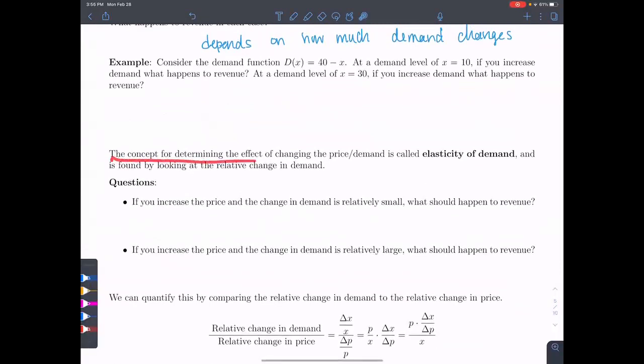Determining the effect of changing the price on demand is called the elasticity of demand, and it's found by looking at the relative change in demand. How big is the demand changing? That'll help us figure out what's going on with the revenue.